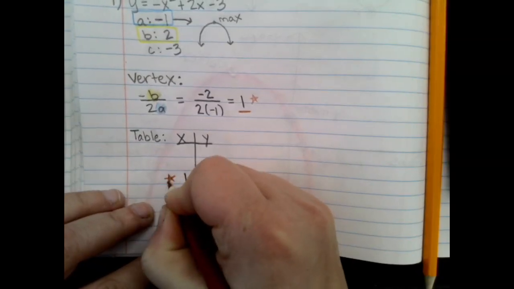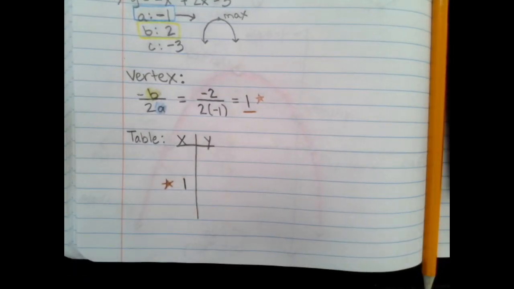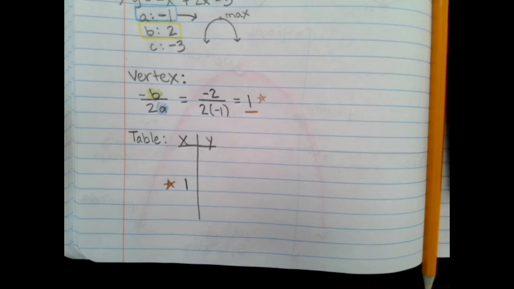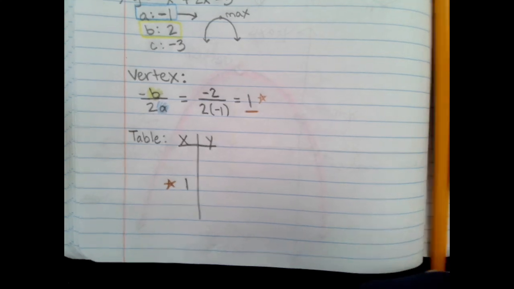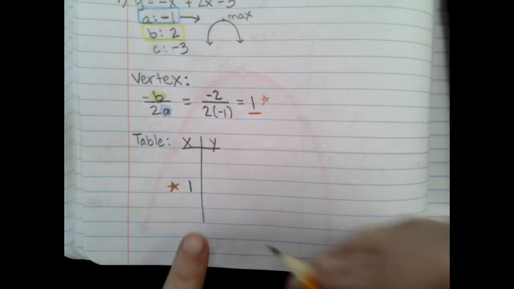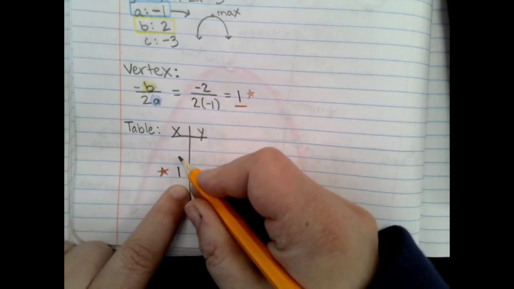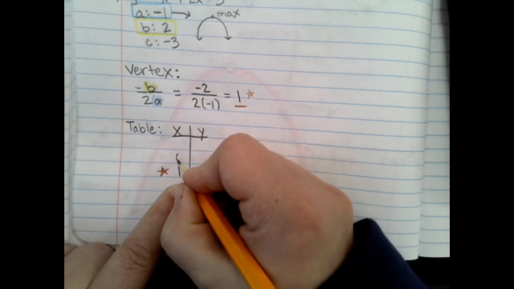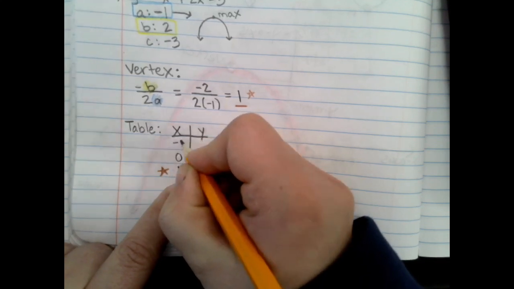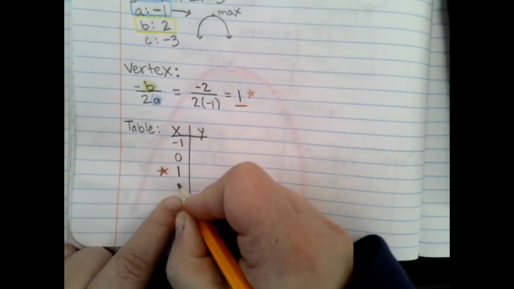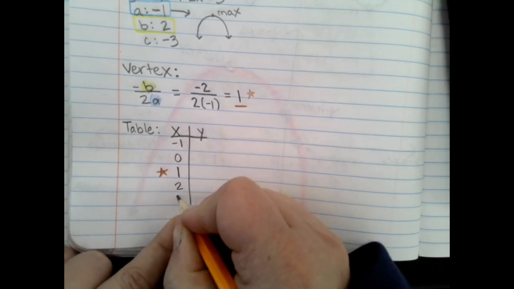That tells me that that goes in the middle. I'm not just guessing random numbers here. I'm going to use that vertex for the middle. And then I'm using numbers above and numbers below. So what would come before 1? 0, and then negative 1. And on the other side? 2 and 3.